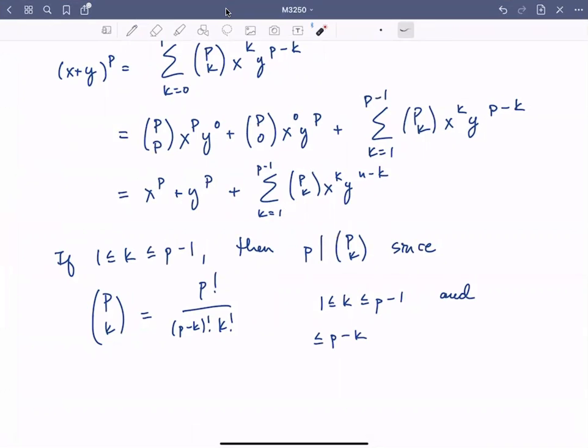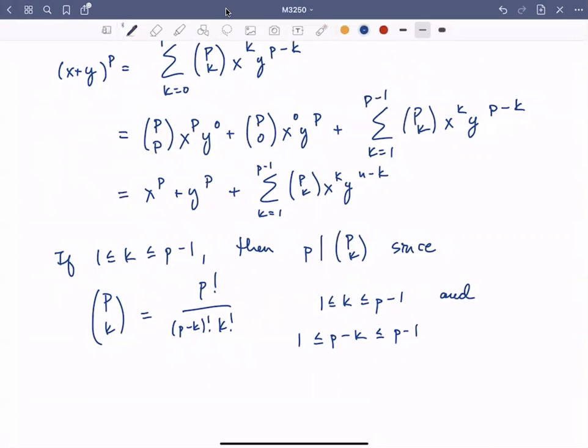If k is p minus 1 and you take p minus that, you end up with 1. Likewise, if k is 1 and you take p minus that, you end up with p minus 1. So since k and p minus k are in this range, they can never be p themselves, and therefore the prime in the numerator is going to be stuck there. So this is going to be a multiple of p for k in this range.